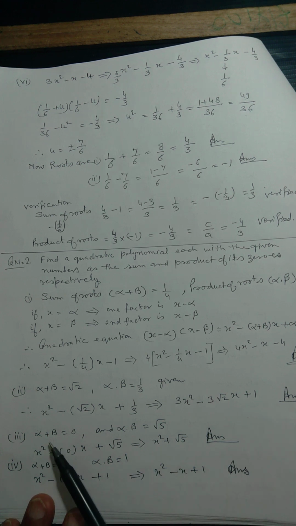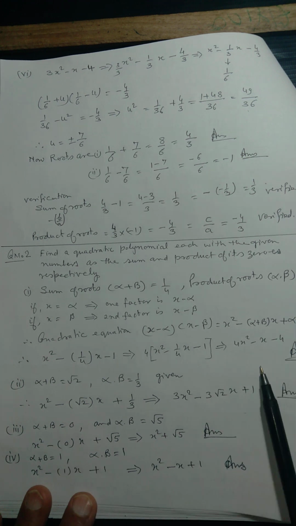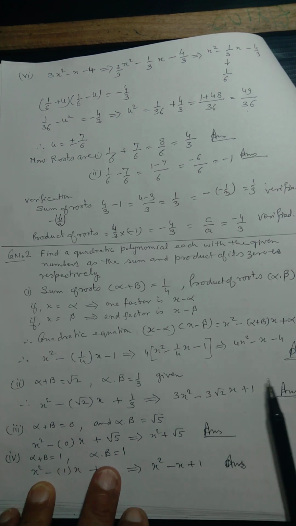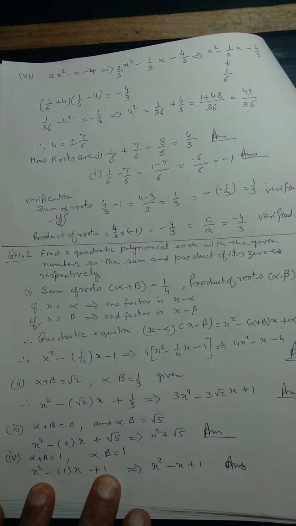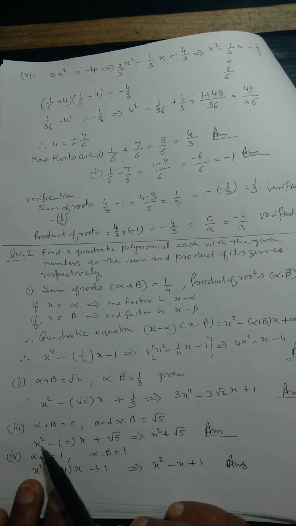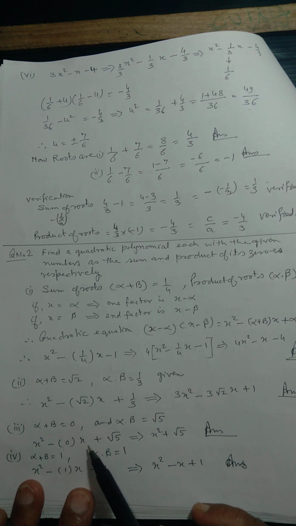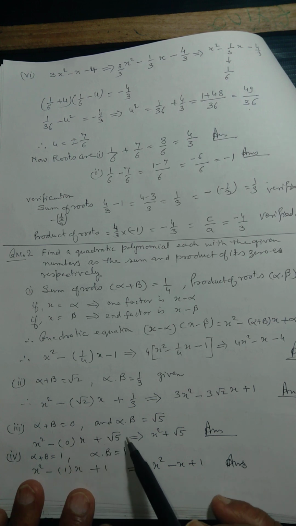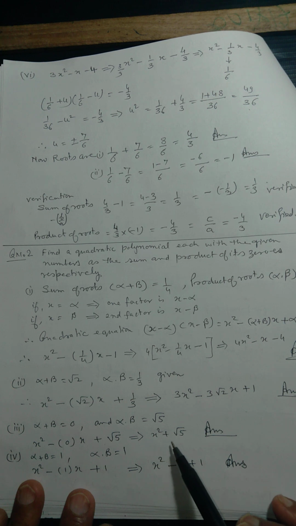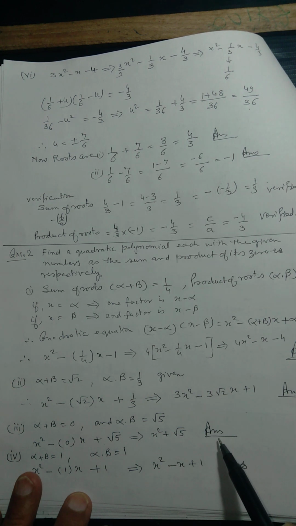Now the third part you proceed, that is alpha plus beta is equal to 0 and alpha into beta is root 5. So what I have done here, I have written x square minus, in bracket 0, into x plus root 5. It is x square plus root 5. This will be the answer for the third part.